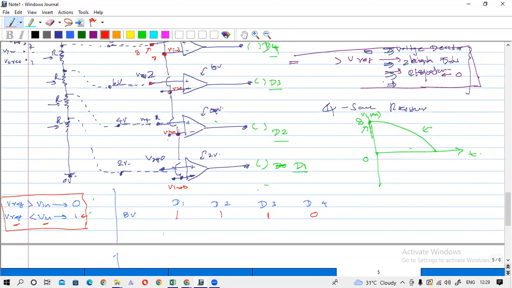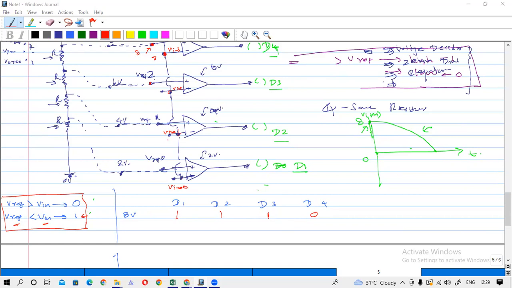D4 is 1 and others are 0. If you consider the other way around, it will be like this, no? D4 is 0, the D1 maybe 0 and D4 will be 1.